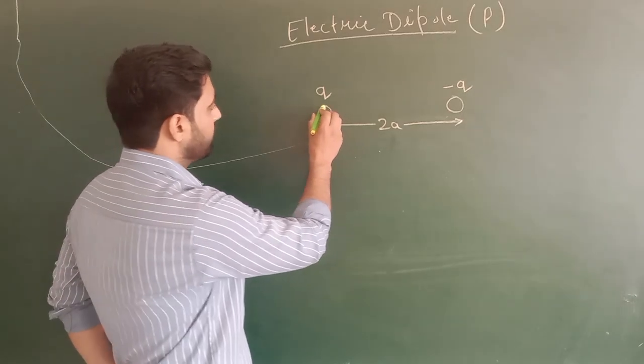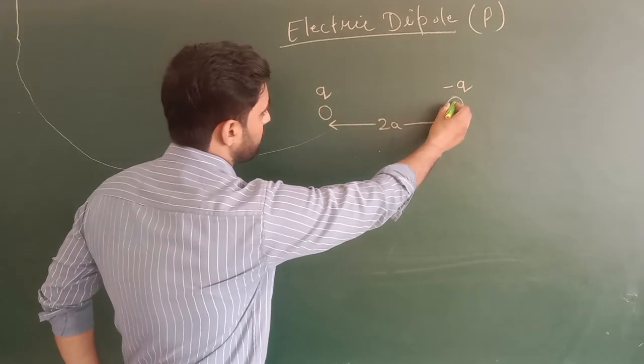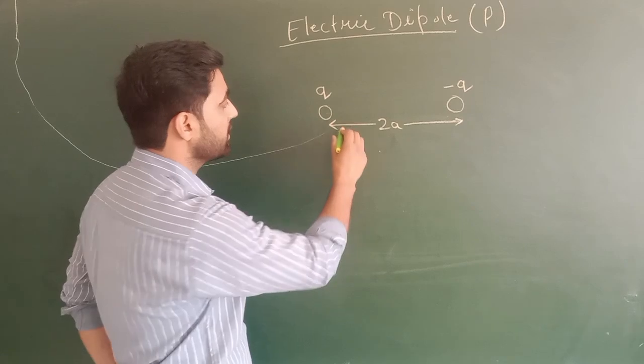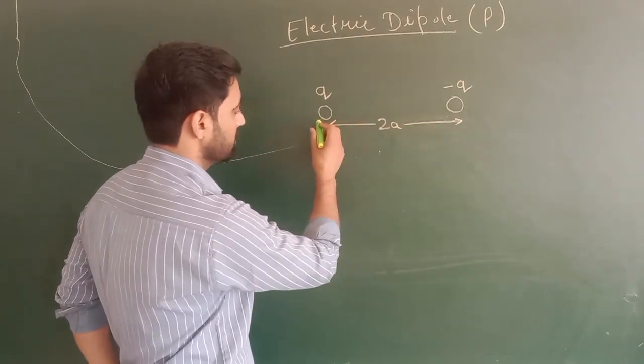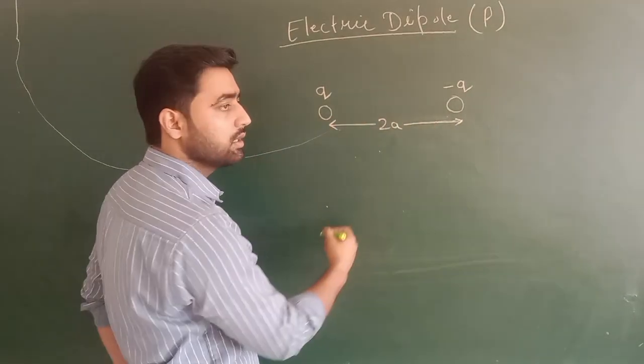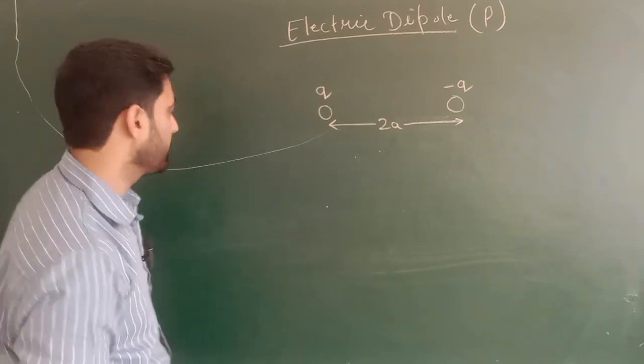First thing is, when two charges of equal magnitude and opposite sign are separated by a very small distance, such a combination is called electric dipole.